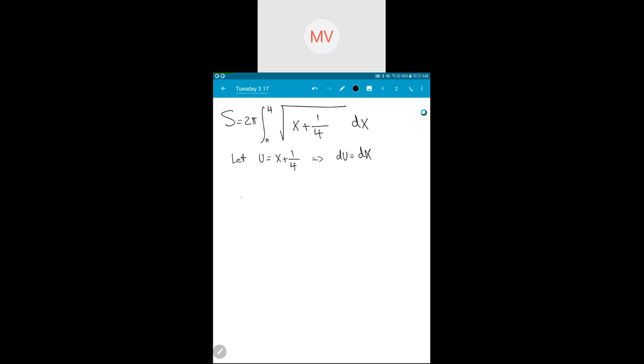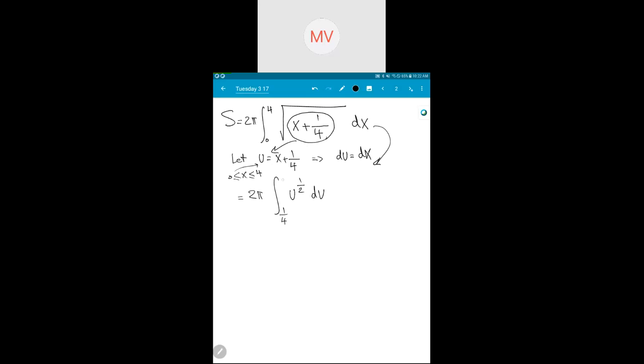Okay? So for that reason, the integration becomes 2 pi. And we can change limits accordingly as well. So if this piece is u, then you have u to the half and then du. And we can find u based on x, because your x is between 0 and 4. Now plug 0 into the x, and you get the corresponding u, so it becomes 1/4.